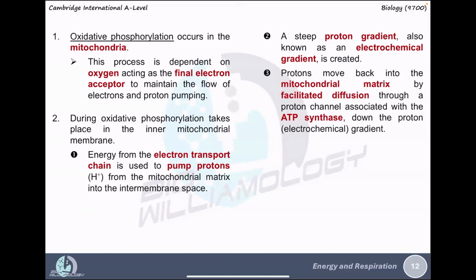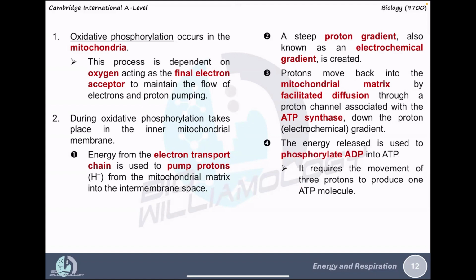Protons move back into the mitochondrial matrix by the process known as facilitated diffusion through a proton channel, and this proton channel is associated with ATP synthase. As it is facilitated diffusion, the process is down the proton gradient.